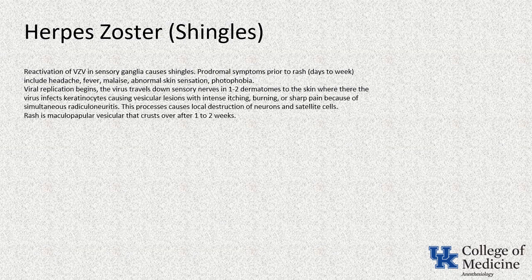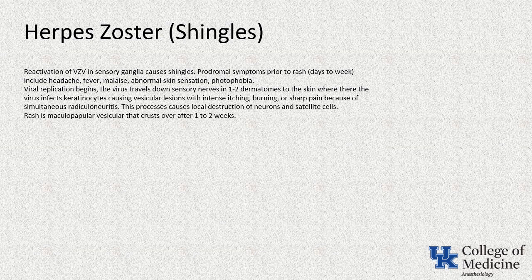There's usually some prodromal symptoms that occur first: headache, fever, malaise. Sometimes you can get some abnormal skin sensations. So the virus is starting to replicate. It's starting to replicate inside the DRG or other ganglia, such as the trigeminal ganglia, and it'll start traveling down these sensory nerves to the skin, where the virus affects skin cells, causing vesicular lesions with pain, burning, itching, and this is the virus shedding.